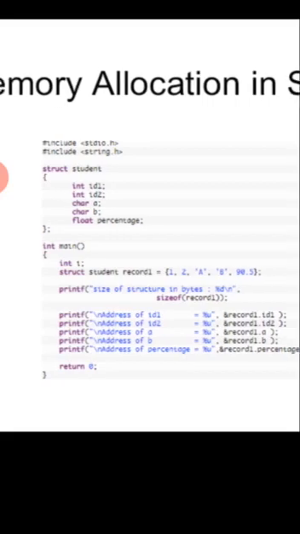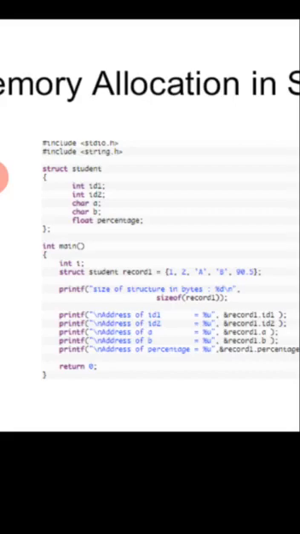Now we are going to print the size of the record. Just imagine, suppose this is a 32-bit compiler and an integer takes 4 bytes. So id1 will take 4 bytes, id2 will also take 4 bytes, character a will take 1 byte, character b will take 1 byte, and float will take 4 bytes.